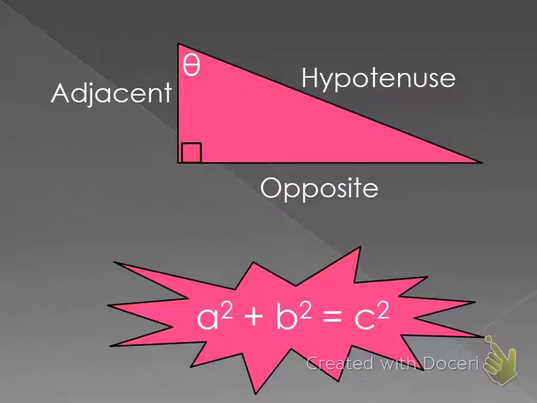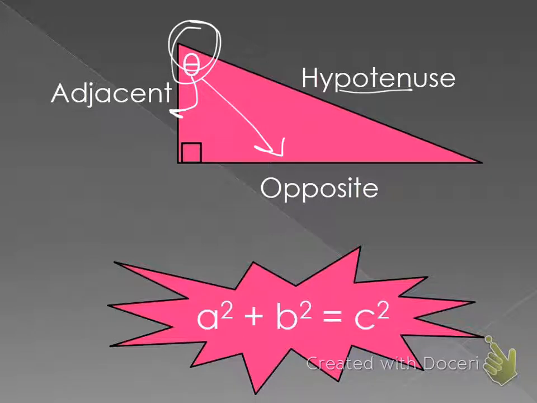Like I said, from last class we reviewed that from a particular angle in a right triangle, the sides are labeled as follows. The hypotenuse is always the side across from the right angle. If this is the angle that we're referencing, then the opposite side is over here, the adjacent side is over here.